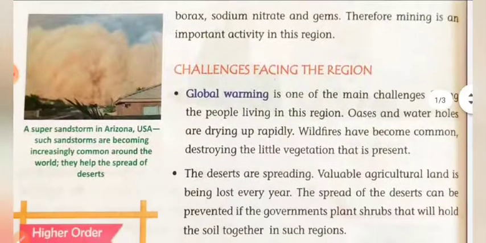Next, the deserts are spreading. Valuable agricultural land is being lost every year by destroying the forest.